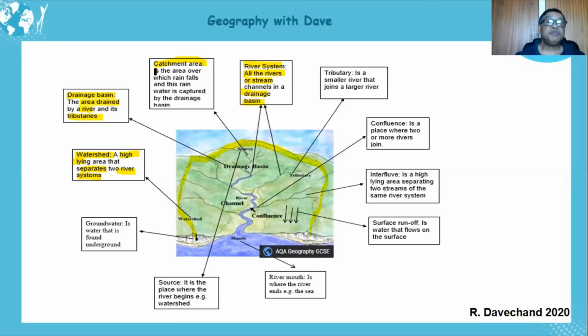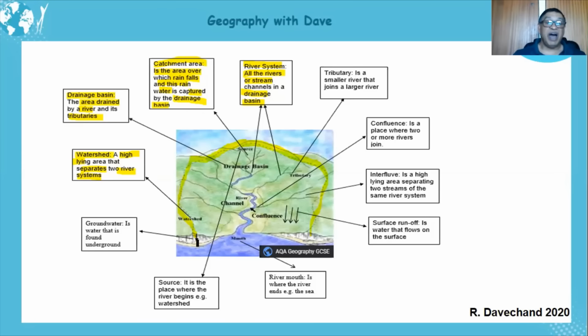So catchment area is the area over which rain falls, and the rainwater is captured by the drainage basin. Can you see the drainage basin here? It captures that water.